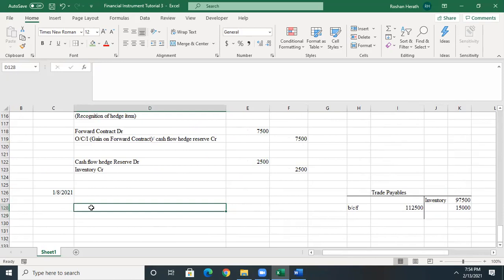So, as usual, no problem. As per the LKS 21, you're going to take it to the P&L. And then loss on remeasurement, amount of trade payables.